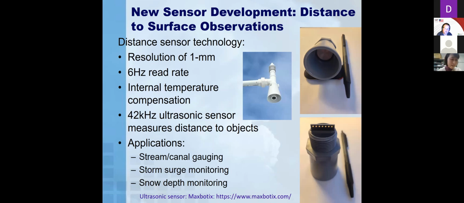We're also looking at developing an adaptive system for storm surge monitoring, and we've also developed a system for snow depth monitoring. And what's interesting about snow depth is that there's a lot of interest and concern about the water resources up in the snowpack, say in the Himalayas.